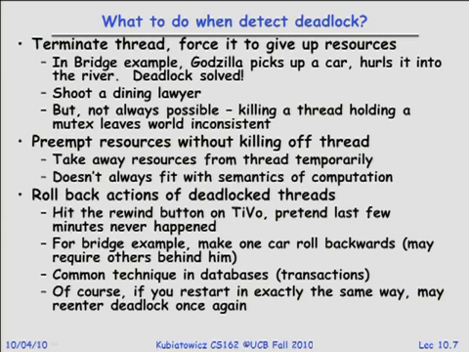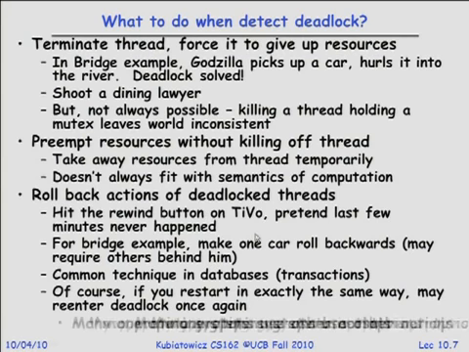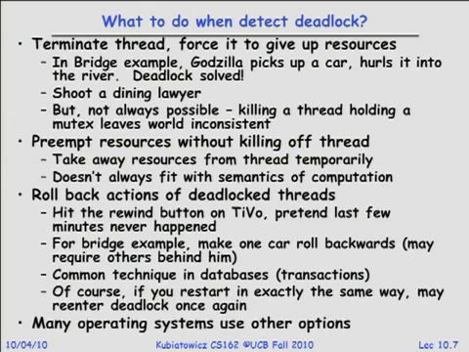It's for databases where the things the threads might be doing are very specific, undoable data change operations, and that's not always possible. But it is nice to have this ability when you have it. Okay, and many operating systems use other options like, yeah, just reboot when you get a deadlock. Okay. Questions?